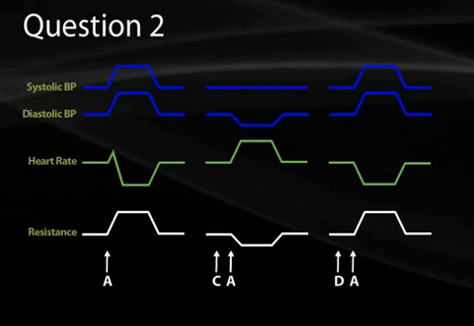This initial increase in heart rate is most likely related to beta-1 activity. The following decrease in heart rate is most likely related to a vagal response to the increased blood pressure and the body's ability to compensate for that.